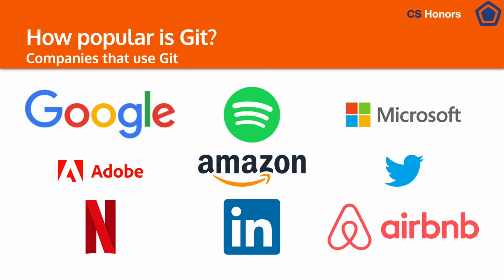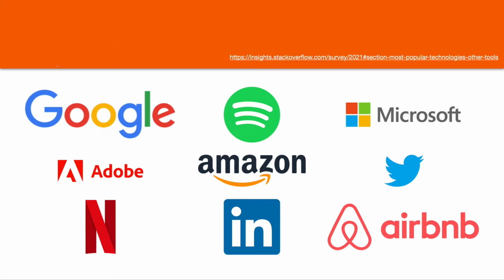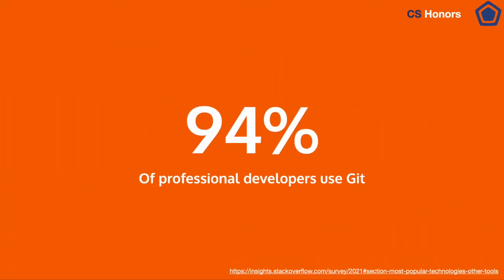All of these companies, which are very well established and very popular in the software engineering community, have agreed that Git is the best way to keep all of their file versions synced. So if all of these companies can agree, and if, according to Stack Overflow, 94% of developers either use or know how to use Git, it's probably something that you should at least take a look into learning.